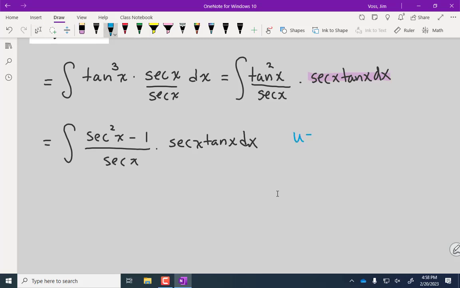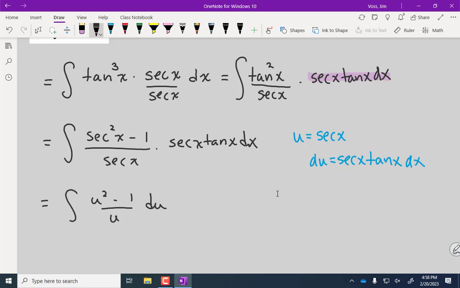So let u be secant, du will be secant tangent, and this will be u squared minus 1 over u du. And what do we do with that kind of thing?